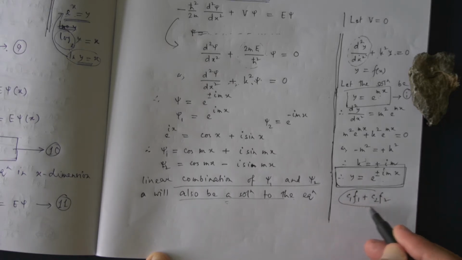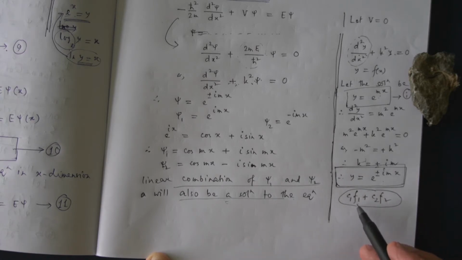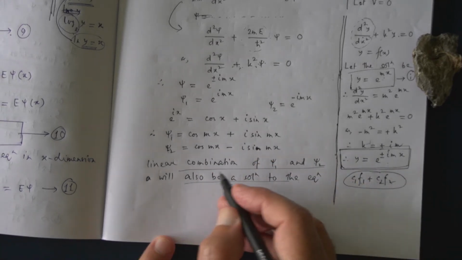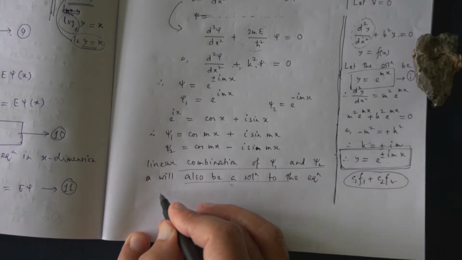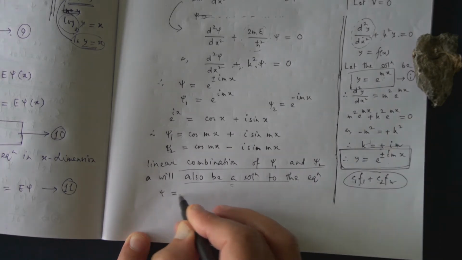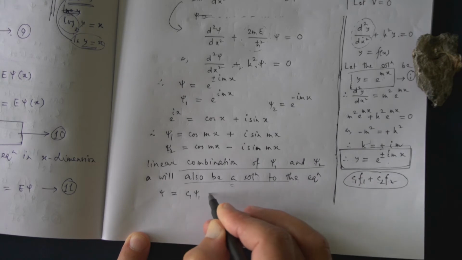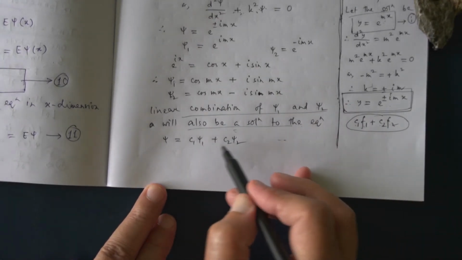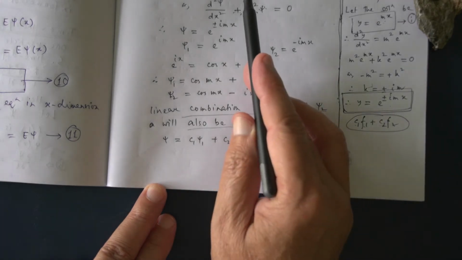Mathematically, this is a linear combination. So here also, psi equal to C1 psi 1 plus C2 psi 2 is a linear combination, and it will also be a solution.